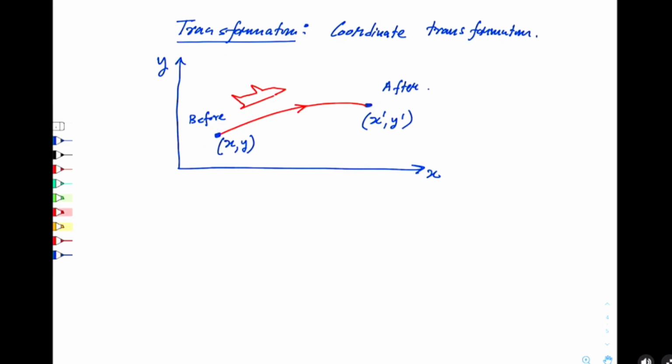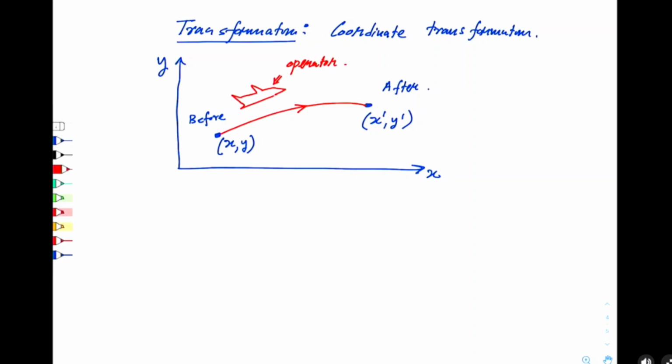That plane, in math, is a machine. The airplane, the flight, is a machine. We call it an operator.